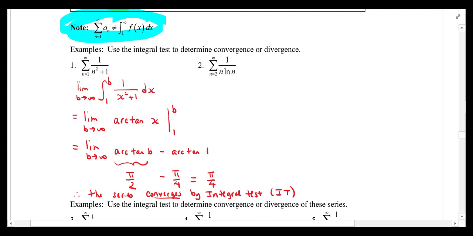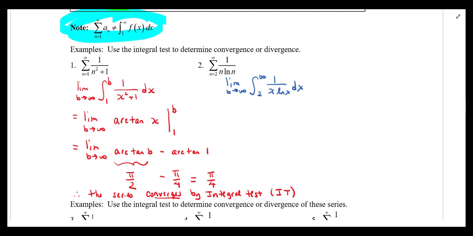All right, so you try number 2. Same idea: integral from 2 to infinity this time, so it doesn't always have to start at 1. It can start at any actual number. 1 over n ln n. This is interesting. So it's 1 over x ln x dx.